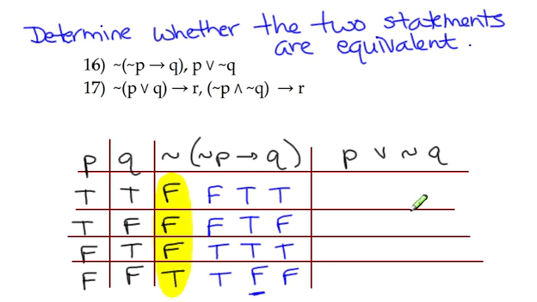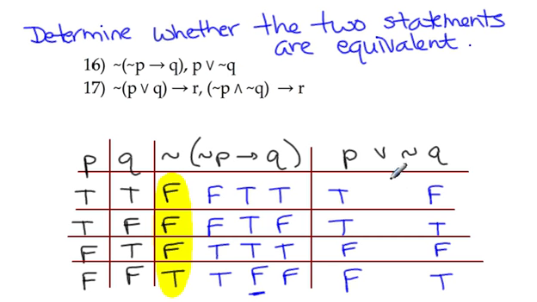Okay, if we go to the other statement, I've copied down the P column of true, true, false, false, negation of Q, so we'll take the opposite truth value from what's listed for Q, and that would be false, true, false, true.